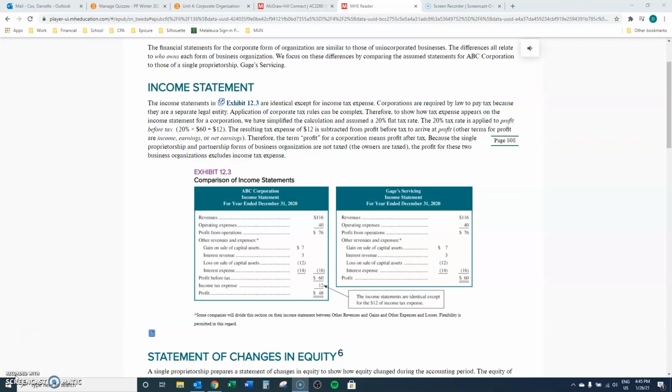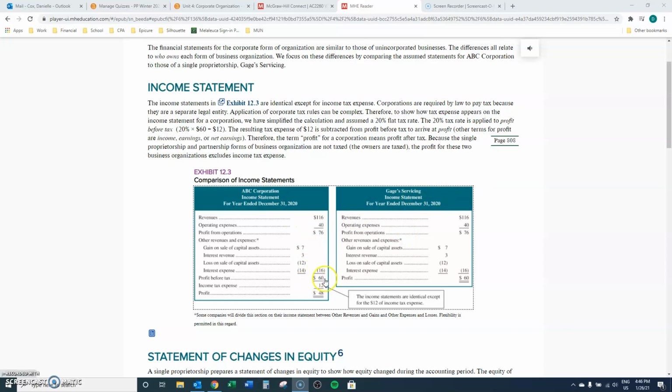So, corporate financial statements, we'll look at the income statement. So corporations, because they are a separate legal entity, they have to pay tax, whereas a proprietorship or a partnership, the taxes are paid by the owner. A corporation is a separate legal entity, so they have to pay their own taxes. So if we look at income statements here, this is a corporation and this is a sole proprietorship.